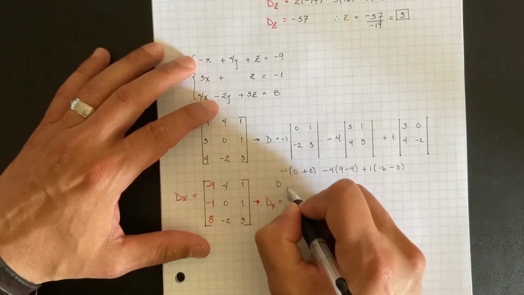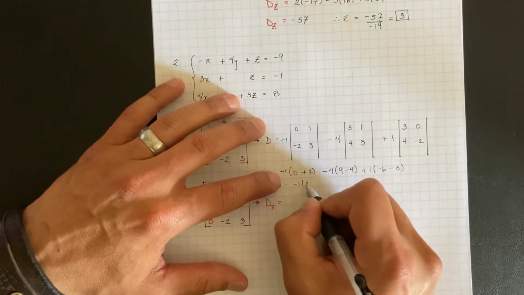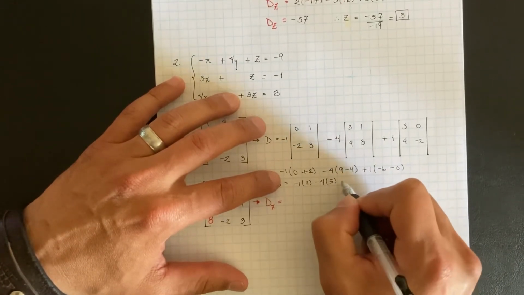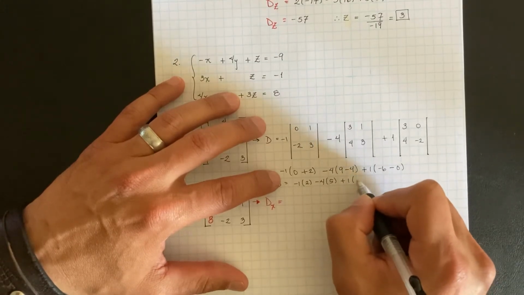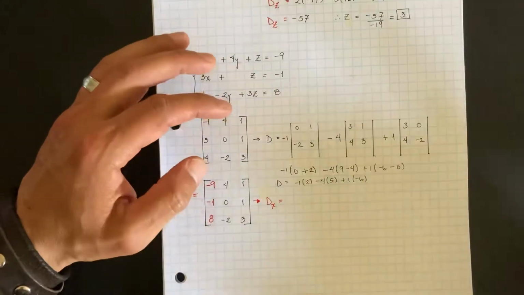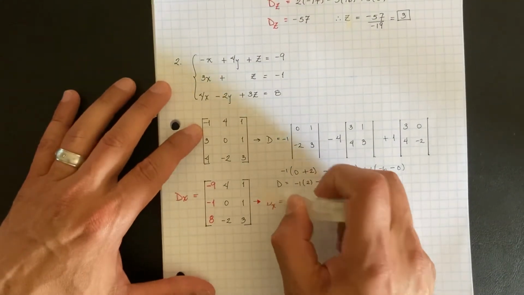Okay, so let's continue there. This is going to give me negative 1 times 2, and then negative 4 times 5, and then the last one is 1 times negative 6. I think I'm going to need some more room. Let me erase this right here.